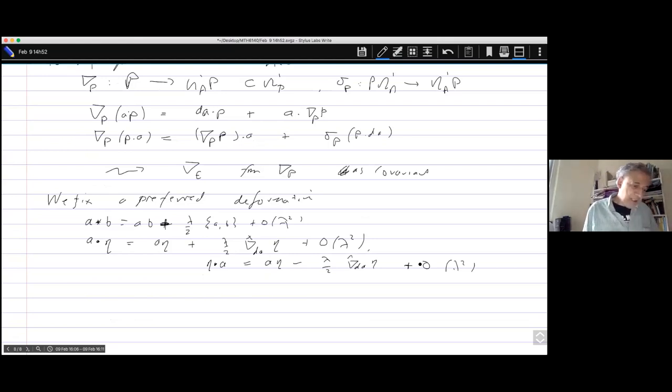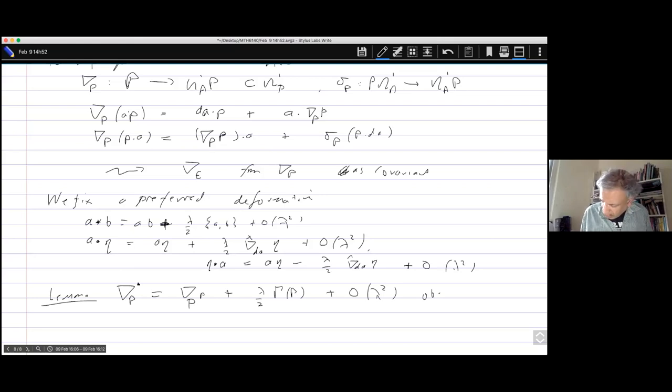And so now the theorem, or the lemma, is that nabla dot, constructing this data at the deformed level, of the form nabla p, the classical spin connection, plus lambda over 2 gamma of p plus O of lambda squared, obeys the above at order lambda.